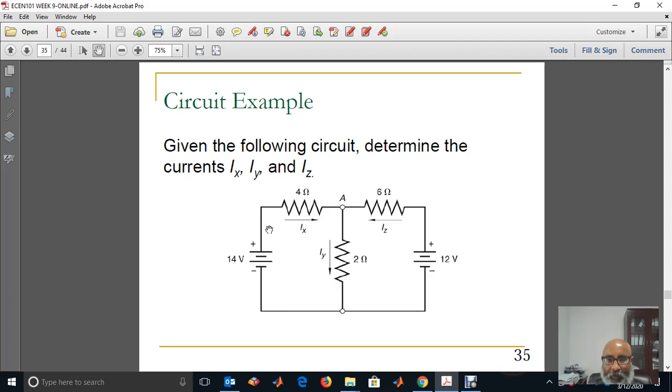So 14 minus 4Ix minus 2Iy is equal to 0. And for the right loop, we do the same: 12 minus 6Iz minus 2Iy is equal to 0.